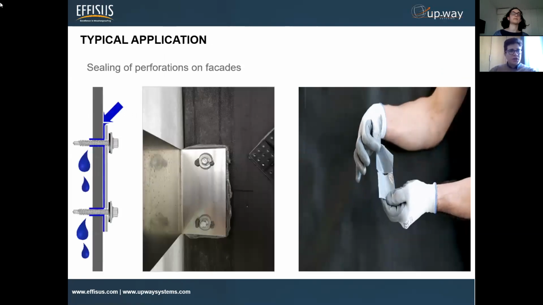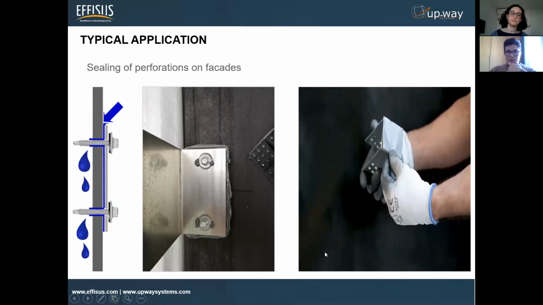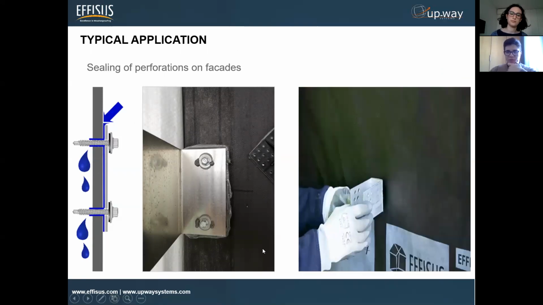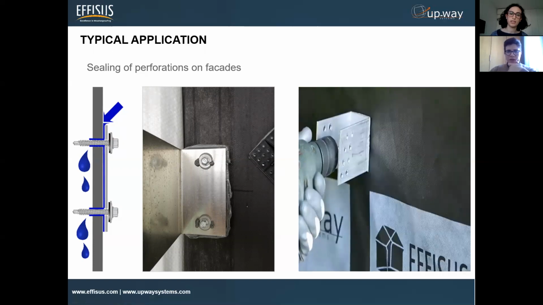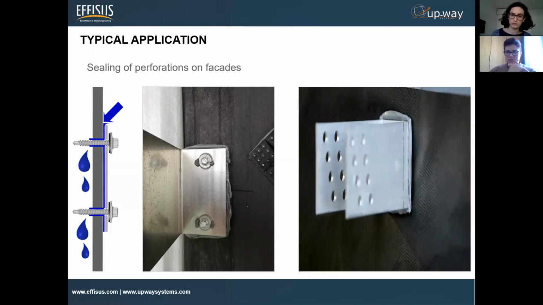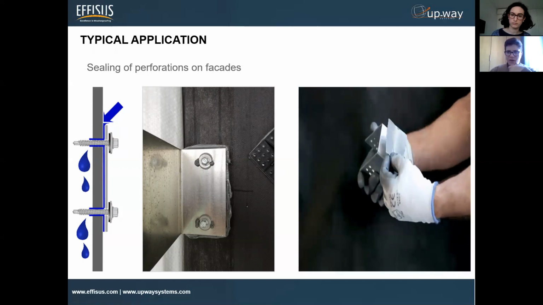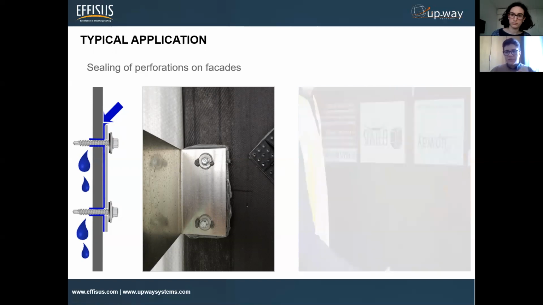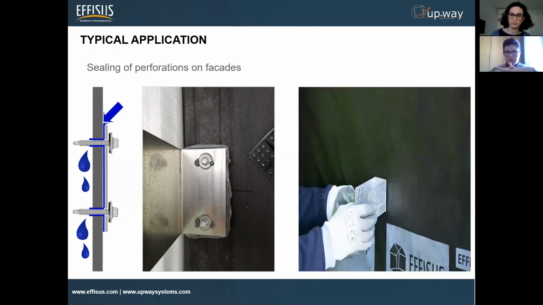So here is just a quick explanation. I think you could see it in the other video, but for instance, when you have this bracket where you apply a patch, the tape comes in rolls of different widths. For instance, a 5 centimeter width, and you apply a patch, 5x7, 5x5, depending on the bracket itself. Remove one of the foils, since it's double-sided, apply it on the facade itself, and then you just fasten.